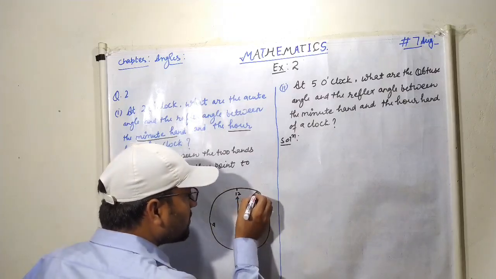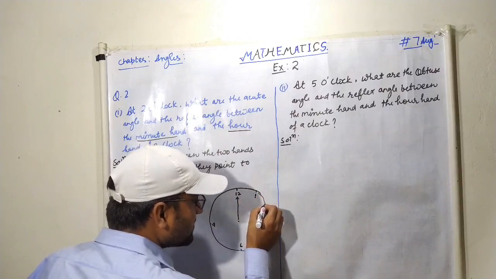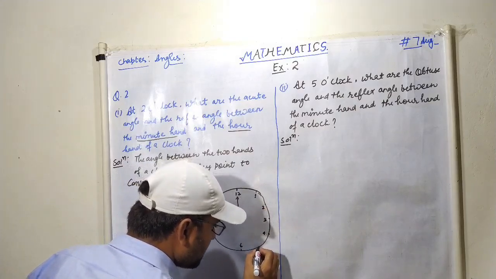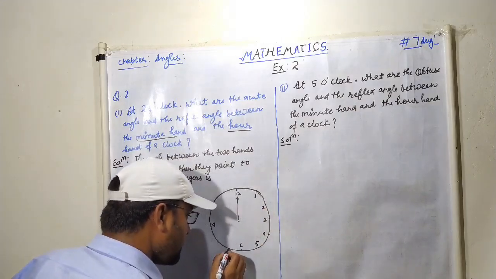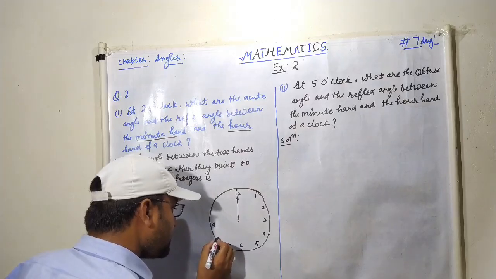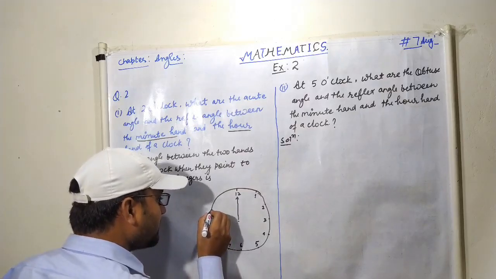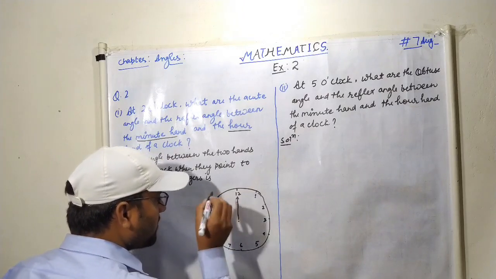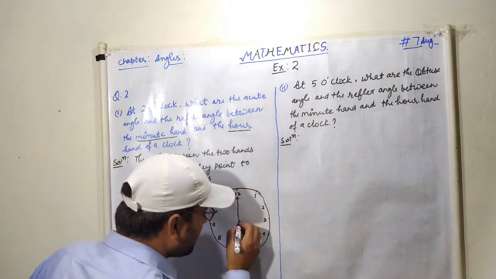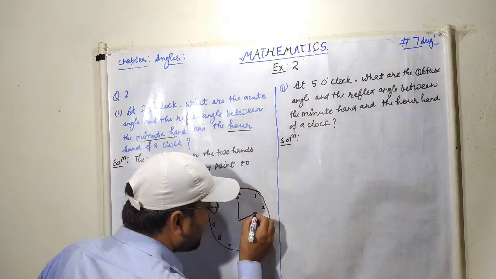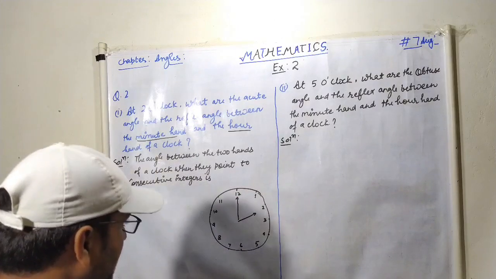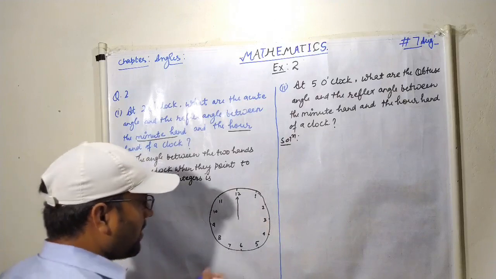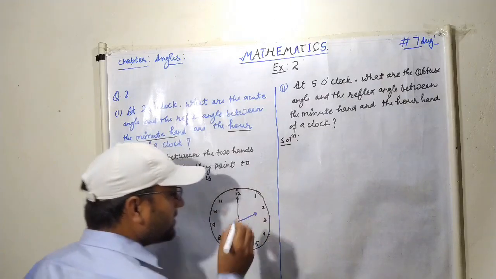Here is 1, and this one is 2, 3, this is 4, this one is 5, 6, 7, this one is 8, 9, this is 10, and this one is 11. This is the minute hand, and this one is the hour hand. The hour hand is smaller than the minute hand.